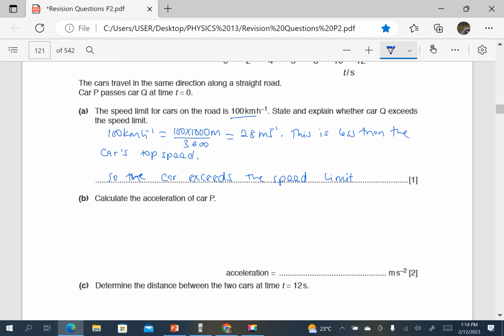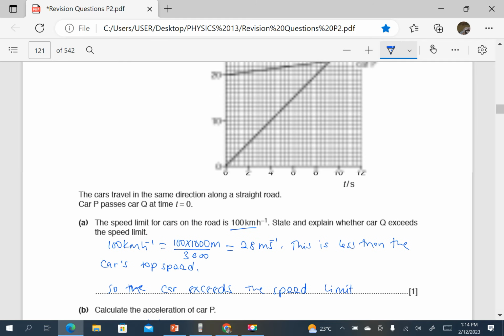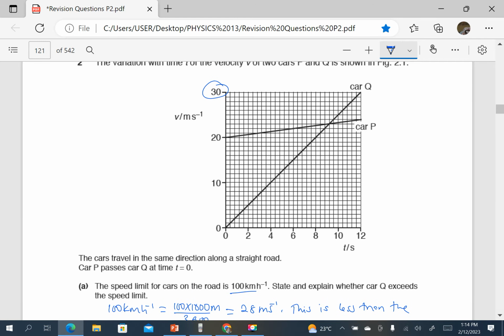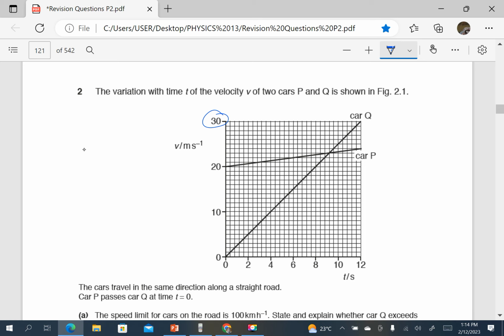Actually, the acceleration of car P, of course, acceleration is change in velocity over time, which is equivalent to the gradient for car P. For car P, we shall check on the horizontal axis, I'll just use 12 minus 0. Then on the vertical axis, I think this is 24 minus 20.